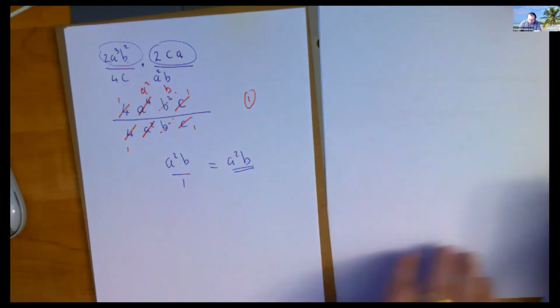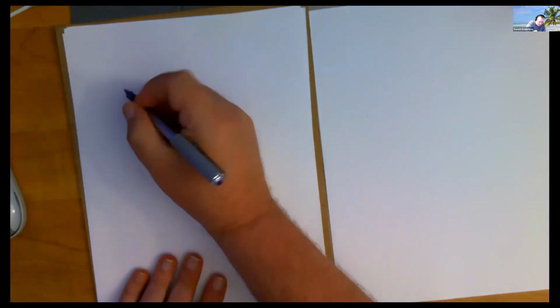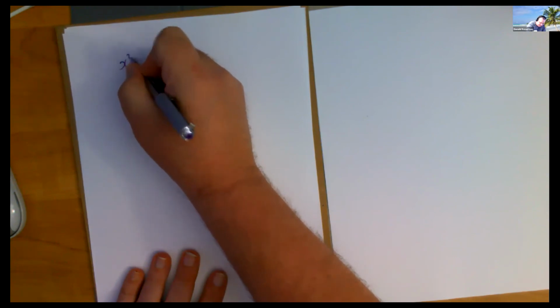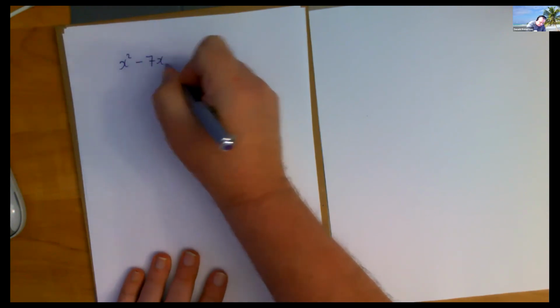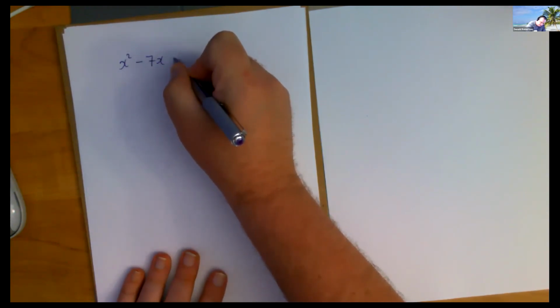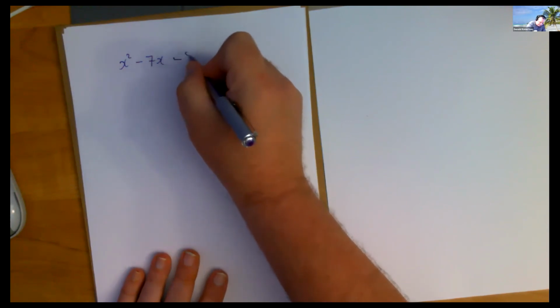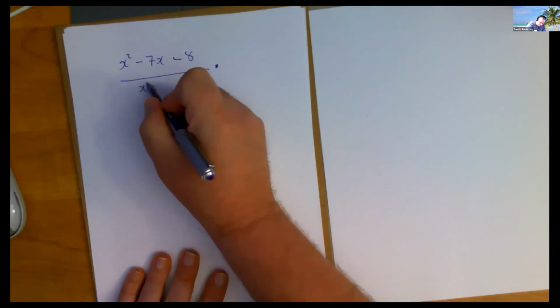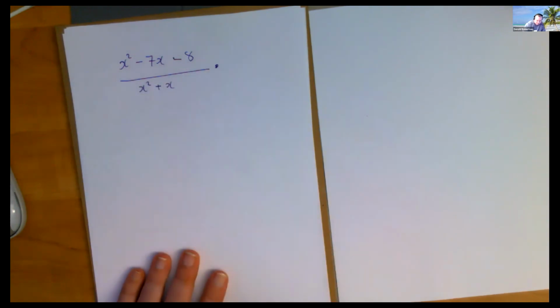Let's go back to some quadratics then. How about x squared, take away 7x, subtract 8, over x squared plus x.